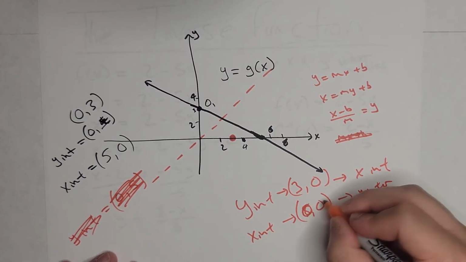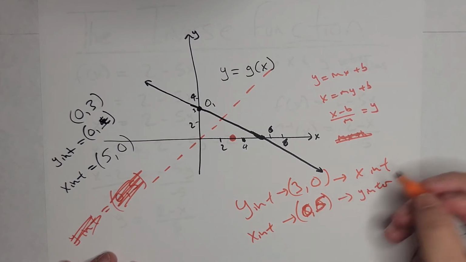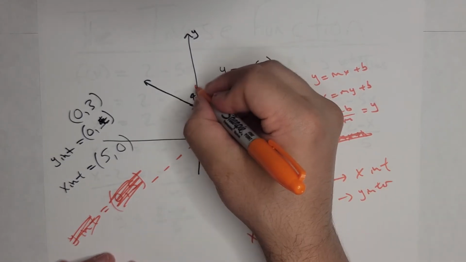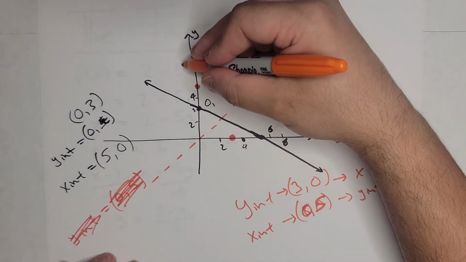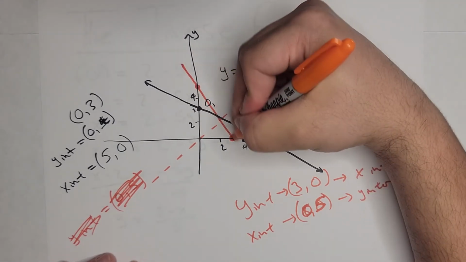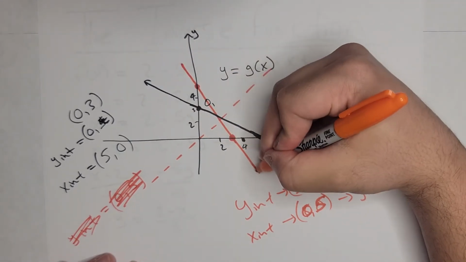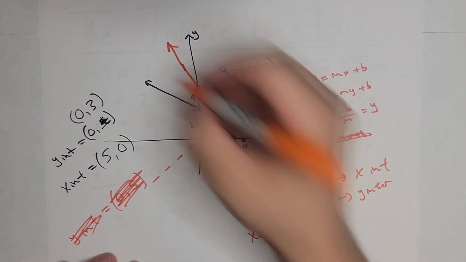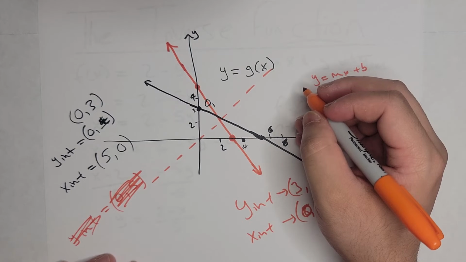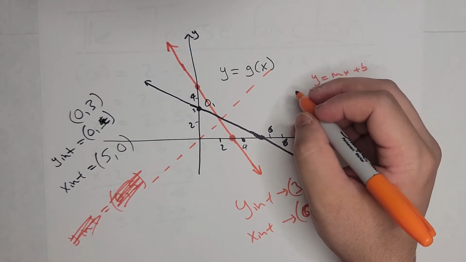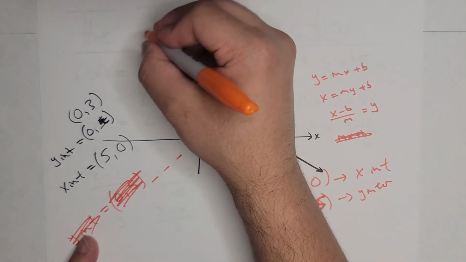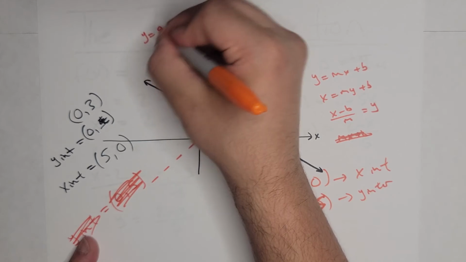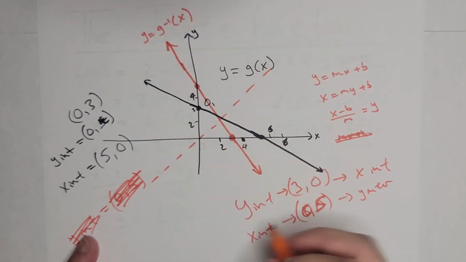Well, this is going to be 0, comma 5, that's up here. And that is my new line. So this is y equals g inverse of x.